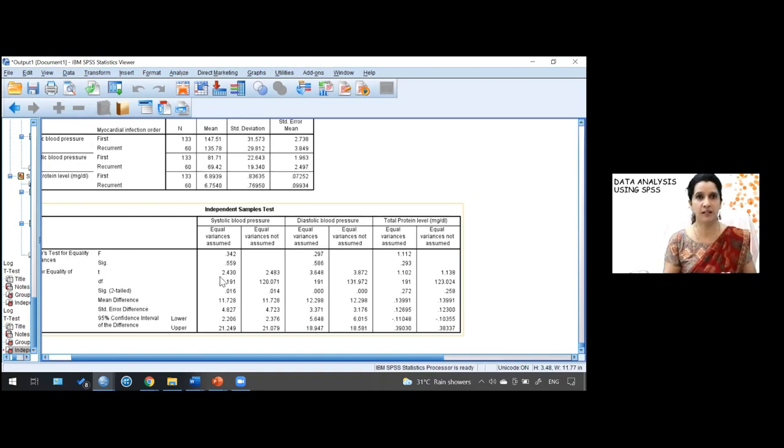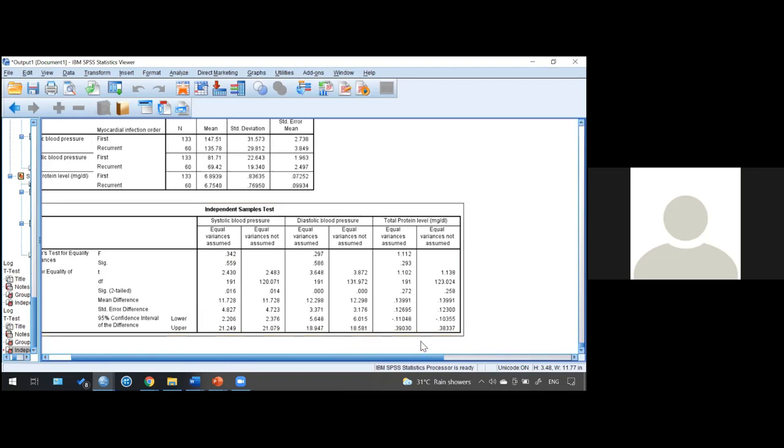Just remember that when this significance value is more than 0.05, then you should use this column to report your result, when the equality of variance is assumed. You had said about the standard t-test and Welch t-test. Is this two columns?